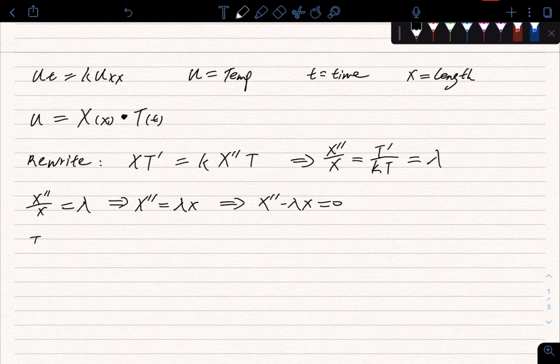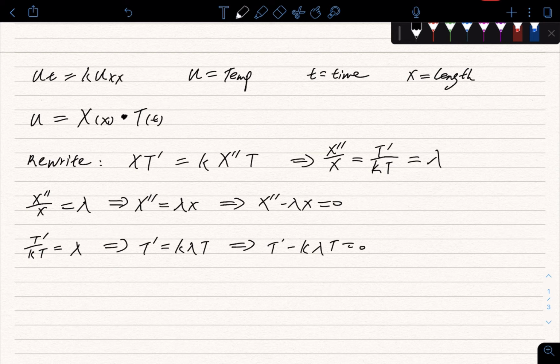Similar thing for T. That will give us T prime equals k lambda T, so T prime minus k lambda T equals 0.